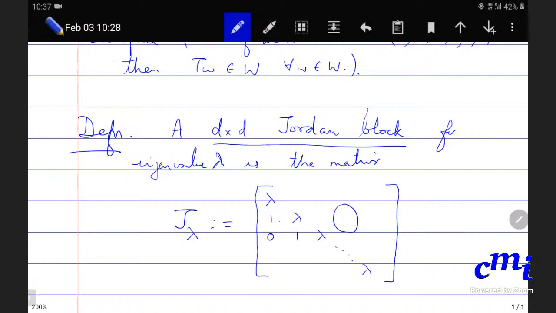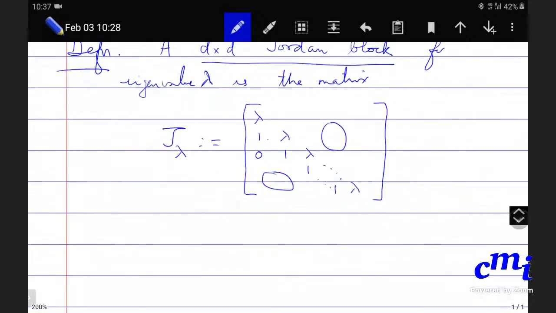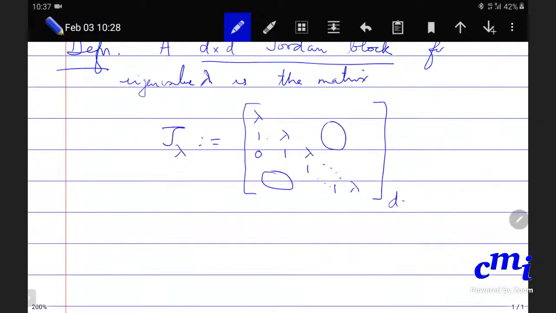If I can avoid using different notation and terminology, I will. And then ones immediately below the diagonal, and then zeros below it. And this is d by d.